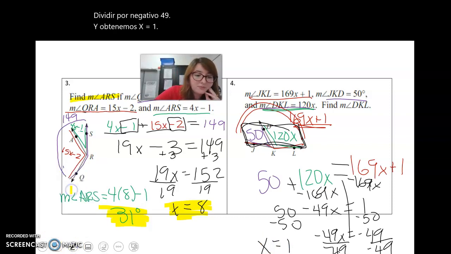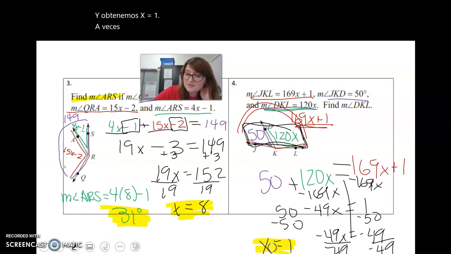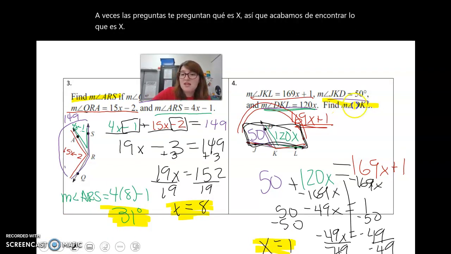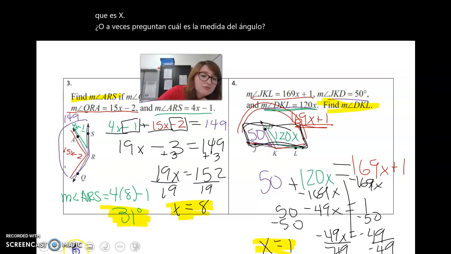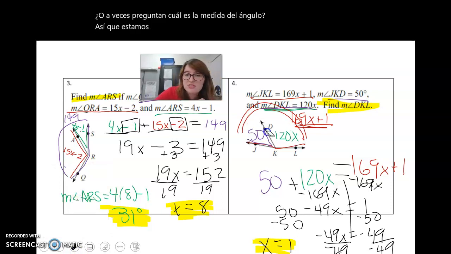Now remember, sometimes the questions ask you for what is x, so we just found what x is. And sometimes they ask for what is the angle measure. So we're looking for the angle measure of DKL.